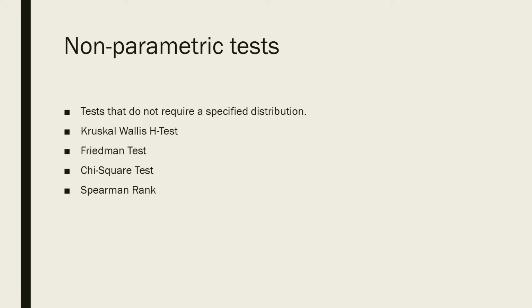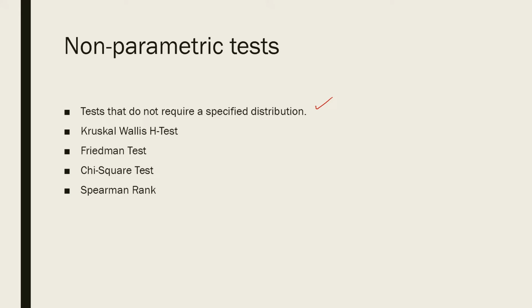Once again, non-parametric tests do not require a specified distribution, meaning that your dataset could be ordinal, or interval, or ratio. So what we mean by a specified distribution is that you don't need a certain shape of your curve for these tests to run.